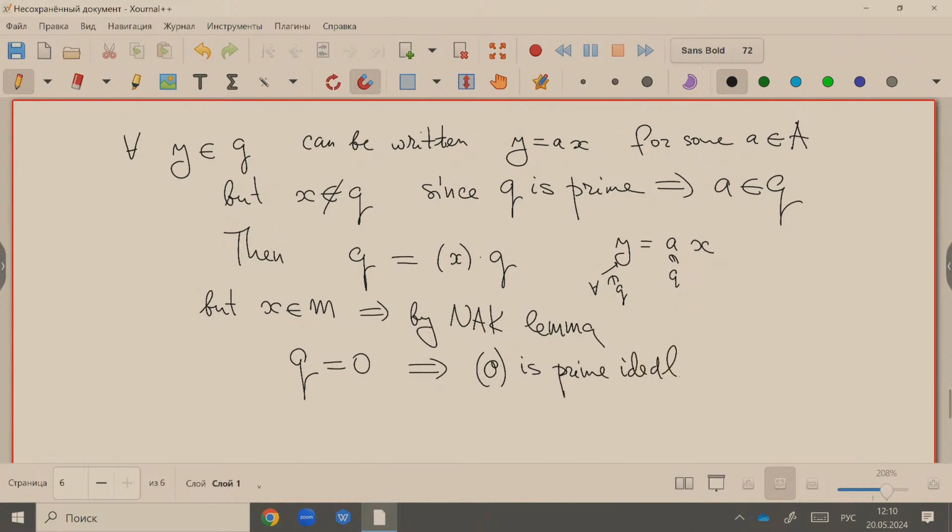And this implies that A is a domain. So that is the proof.